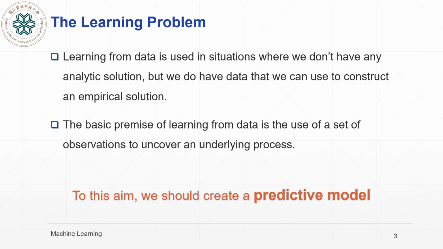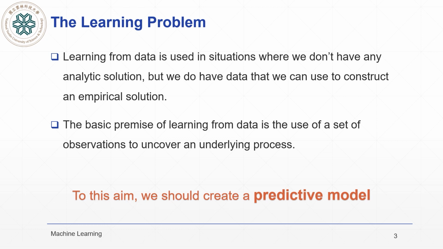The learning problem from data is used in situations where we don't have any analytic solution, and we have to learn and build a model based on data. The basic premise of learning from data is to use a set of observations to uncover an underlying process. Therefore, we have to create a predictive model that uses data to solve a problem.